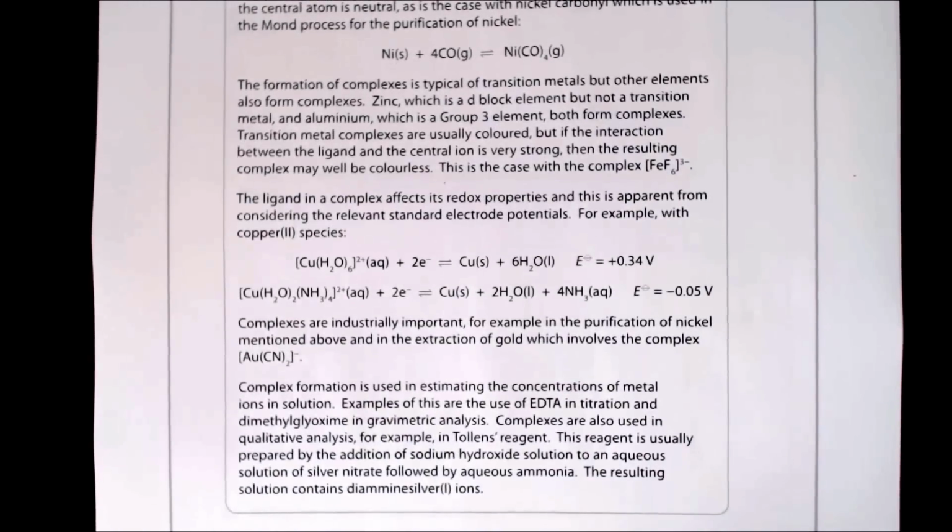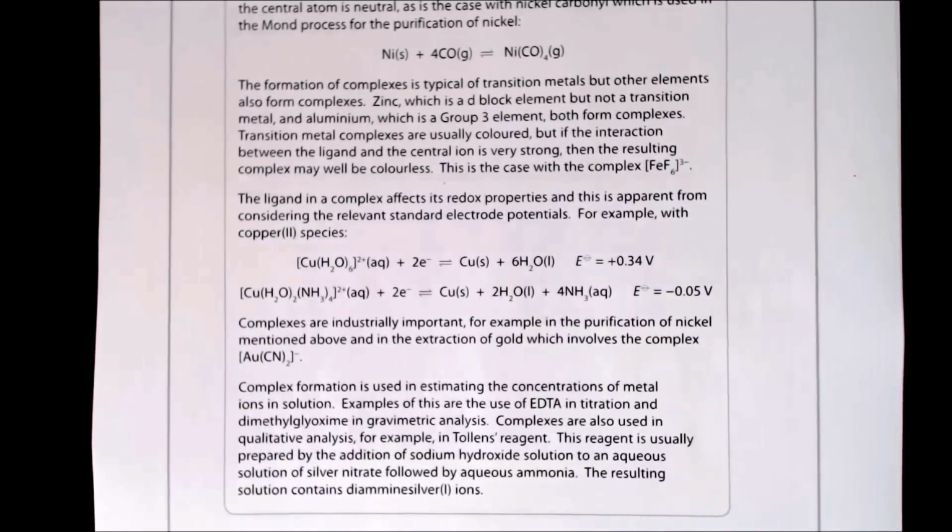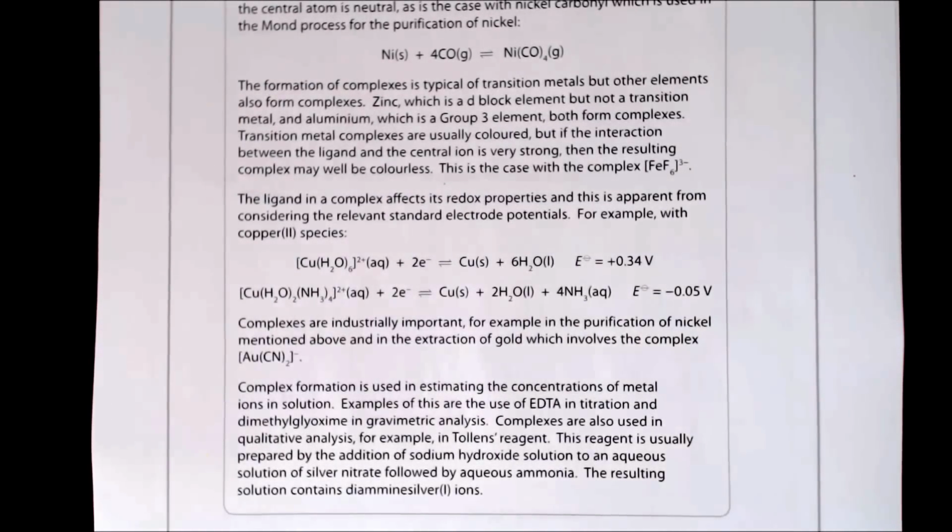Okay, and in the last paragraph, it says complex formation is used in estimating the concentrations of metal ions in solution. Examples of this are the use of EDTA in titration and dimethylglyoxime in gravimetric analysis. Try to say that one quick. Complexes are also used in qualitative analysis, for example, in Tollens' reagent.